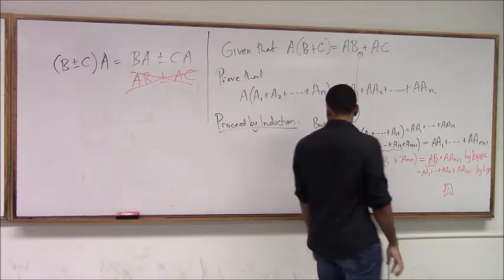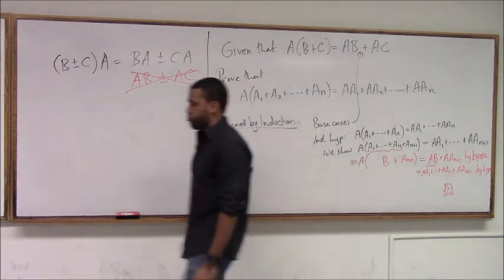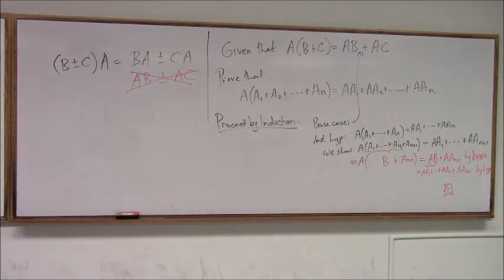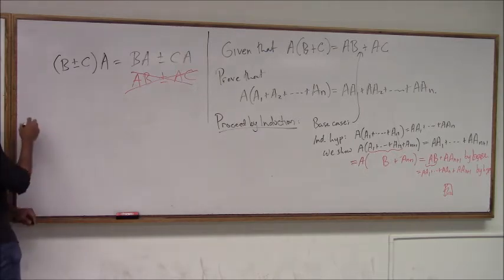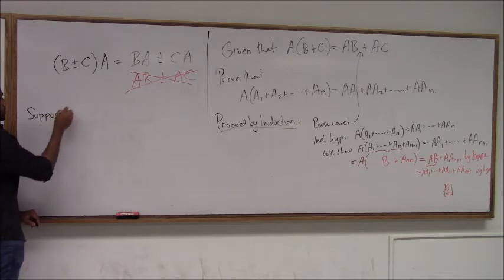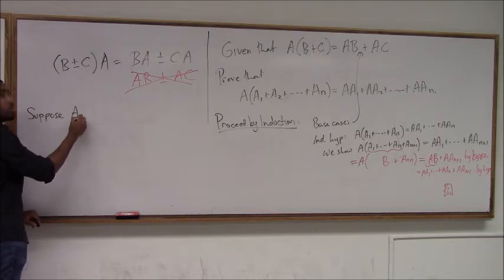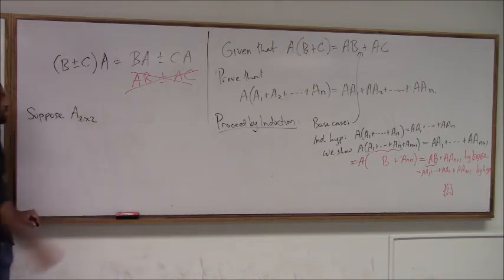Or I could say something like, suppose A is invertible. It would be too annoying to talk about that with 3 by 3, so let's talk about it with 2 by 2s.